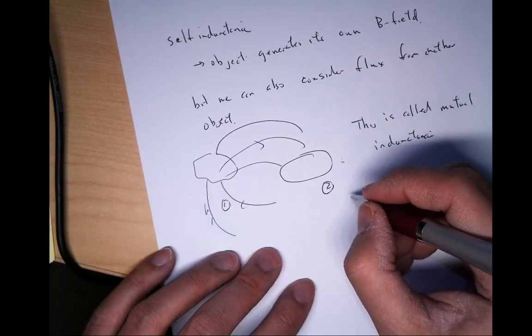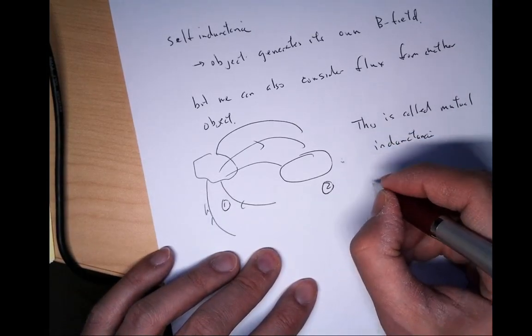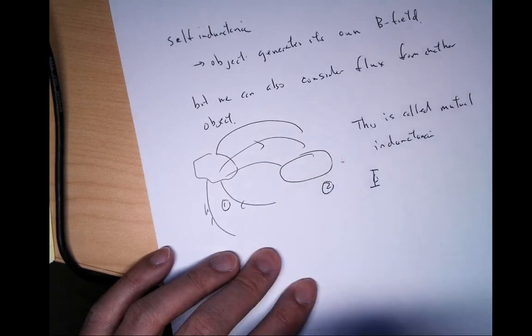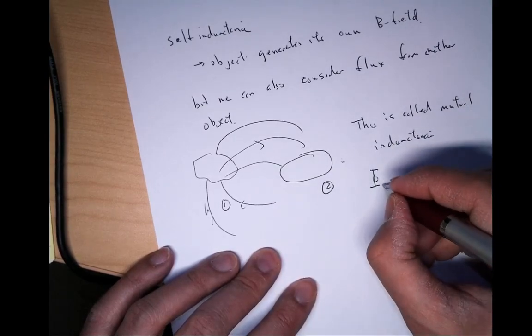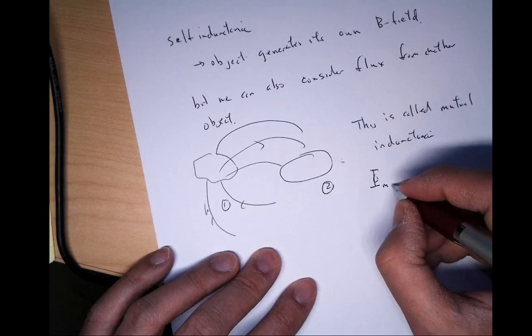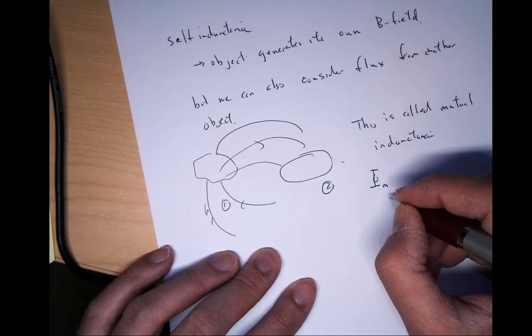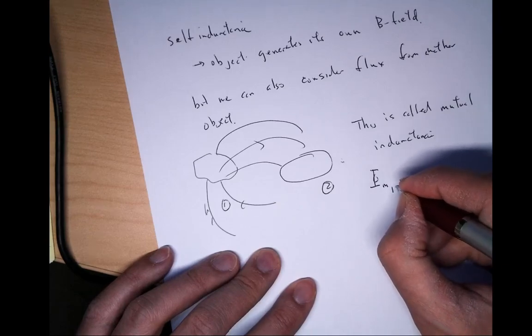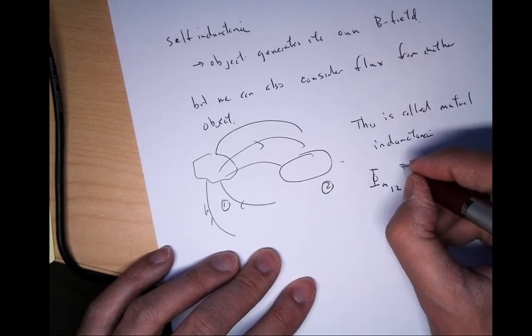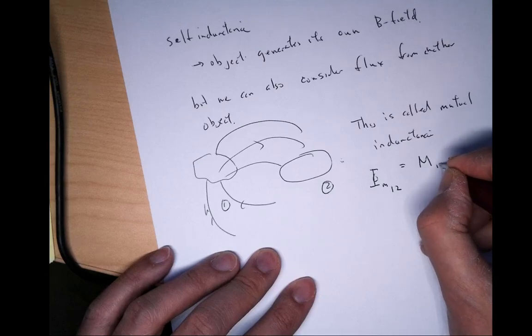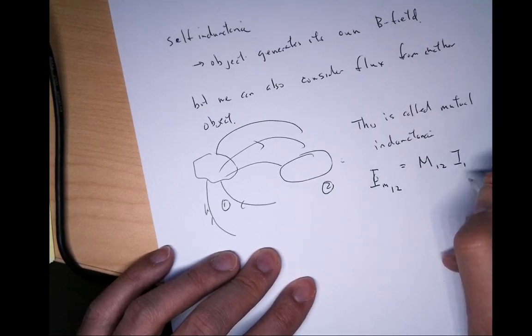Okay. So phi, the magnetic flux, right? From 1 on 2 is equal to the mutual inductance of 1 on 2 times I of 1.